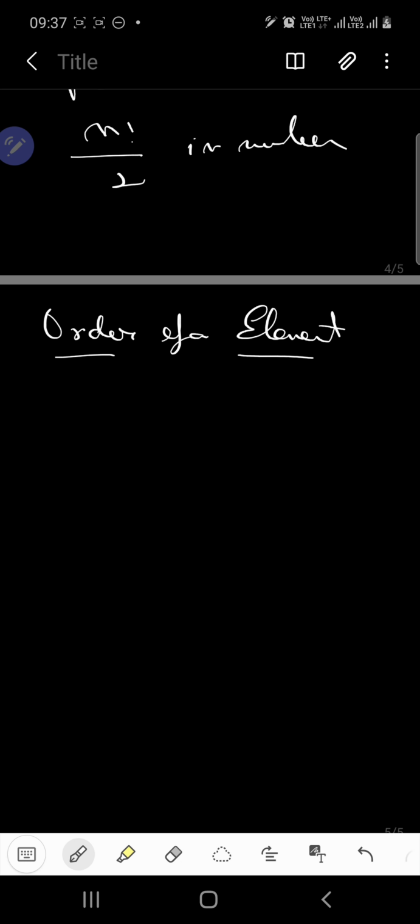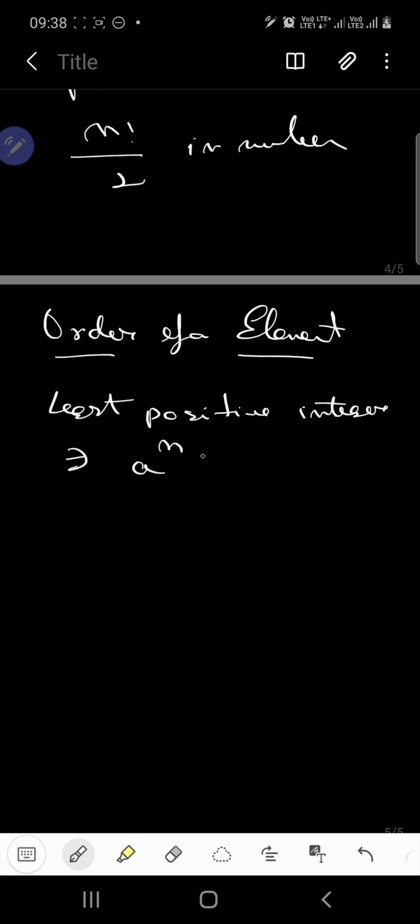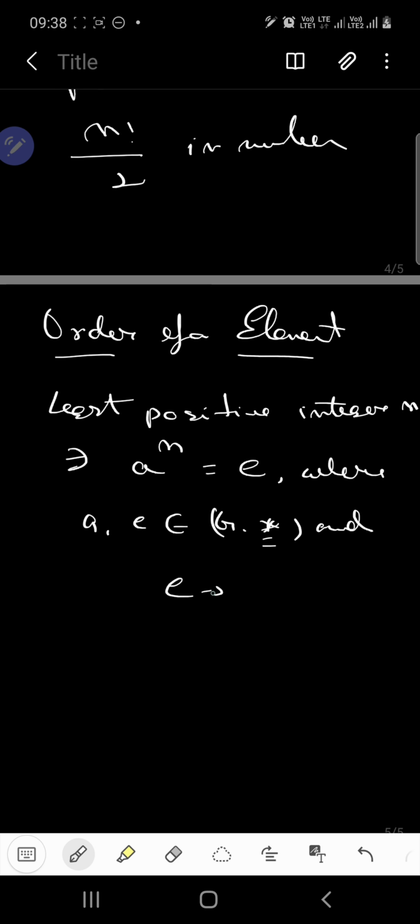See, if we can have the least positive integer n such that a to the power n is equal to e, where a and e both belong to the set G, where star is your multiplicative operation, and e is the identity element.